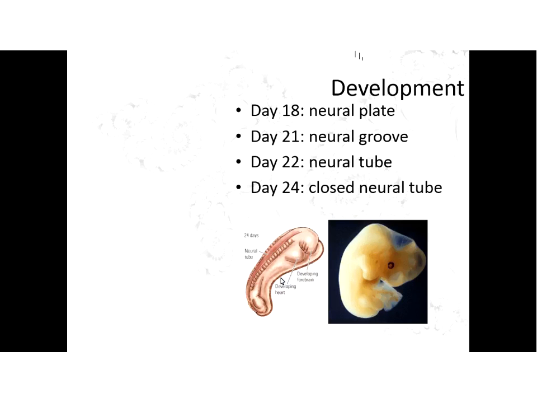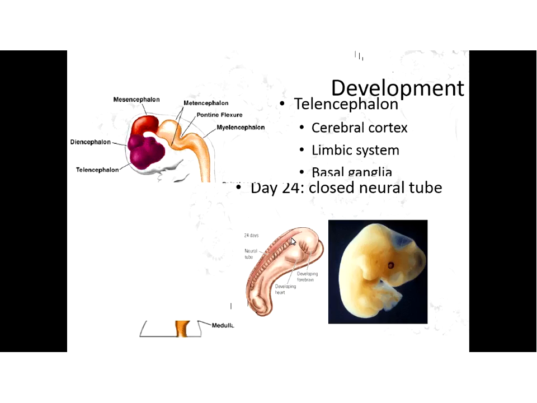By day 24, the neural tube is entirely enclosed. So here we have a picture of that neural tube. It's completely enclosed both rostrally and caudally along the extent of the organism. And from day 24 on, this neural tube does three things.